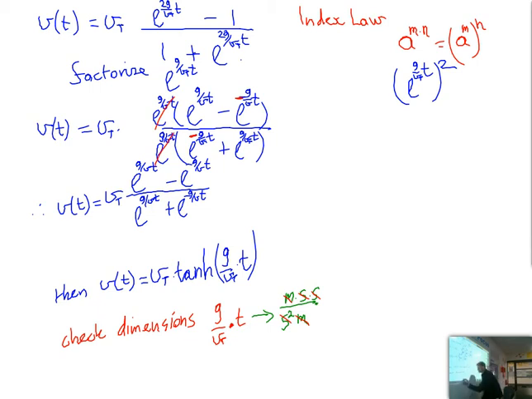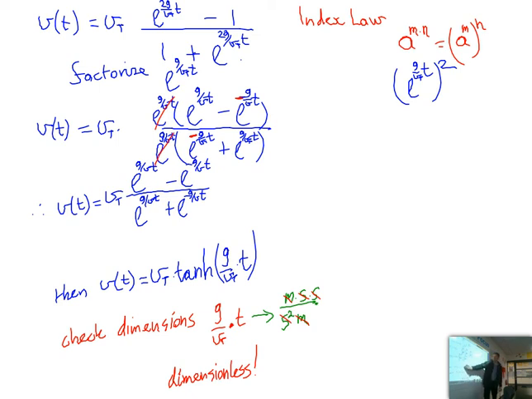Okay? It's dimensionless. Which is a good thing, because you've got tangent hyperbolic of a dimensionless number times a velocity.